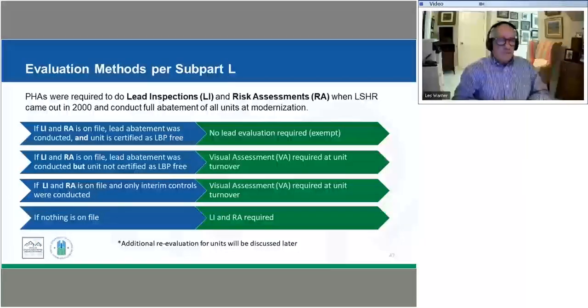So this is a slide that we were looking at yesterday on evaluation. The starting point here is this expectation that you already have a lead inspection and risk assessment in place, that were done when the Lead Safe Housing Rule came out.